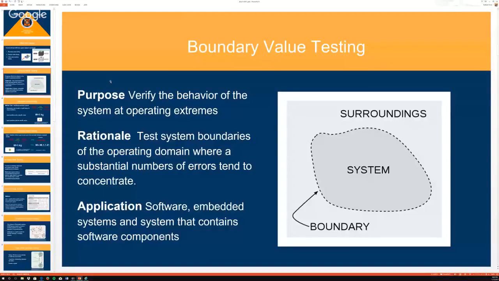And we're going to do that because the system tends to fail at this boundary, with the values nearest to the last value that we can have. Some of the applications are in software or software components, so I think we can use this kind of test for our final project that is basically a software.